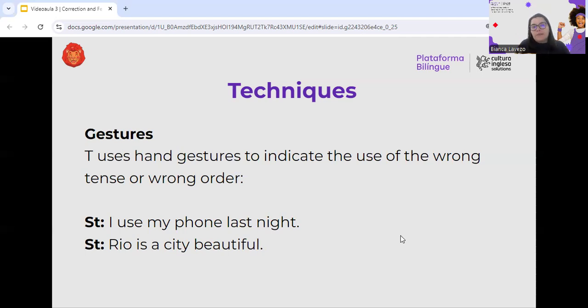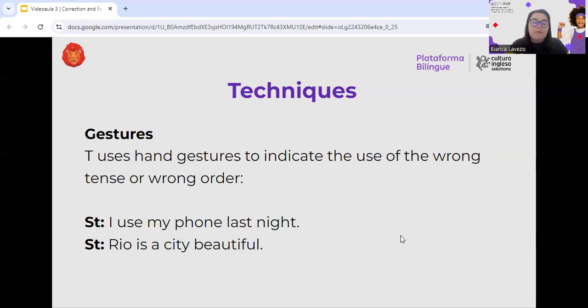I used my phone. Hopefully the student will say, right? I used my phone last night. Or wrong order. If the student says, for example, here is a city beautiful. So you just show them like, here is a beautiful city. Change the words, right? Change the words.